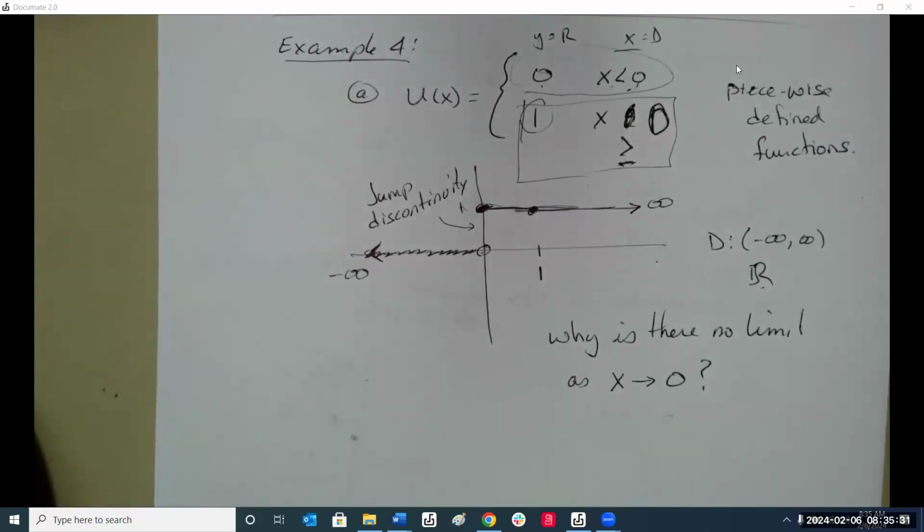Thinking back to our first example, what do we notice? Looking back at the first example, did we have a limit there? Even though it didn't exist at 1, we had a limit. Why did we have a limit in the first example?